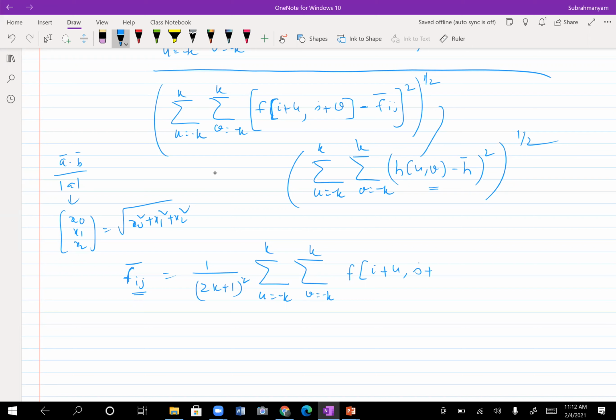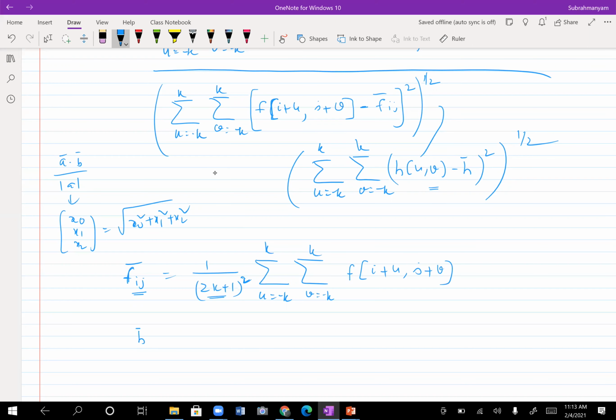Very good. That's all. This is nothing but summing up all the elements centered at i, j with a window size of 2k plus 1 in the rows and 2k plus 1 in the columns, k above and k below. You are summing them all. Notice the total number of elements will be 2k plus 1 whole square, so you are dividing by that, as simple as that.